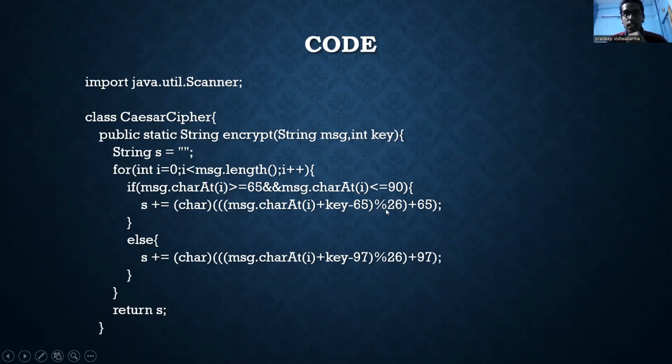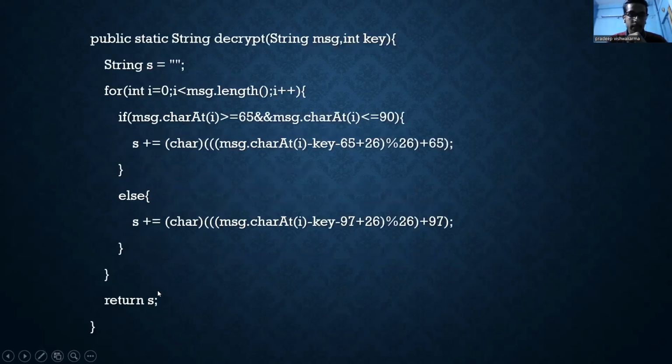It will make the non-character, and then we add 65, so it will make the encrypted character. The same steps I follow in lowercase, but there I subtract 97 and add 97. Then I return the value of s, that is our encrypted string.